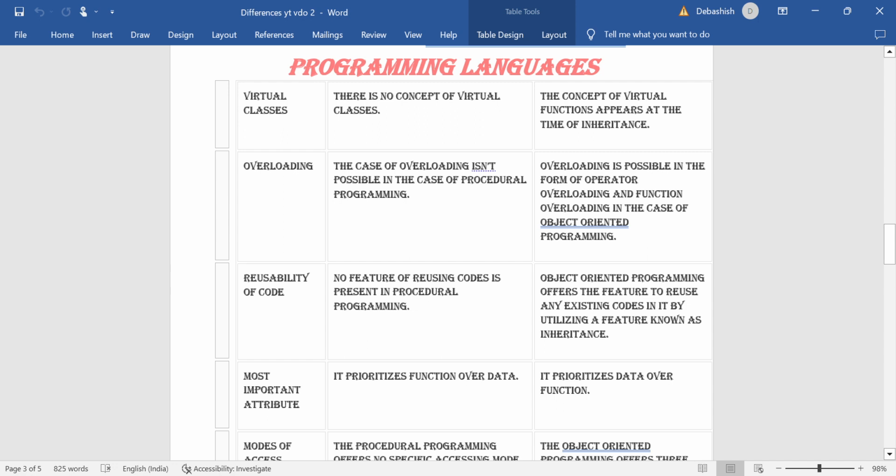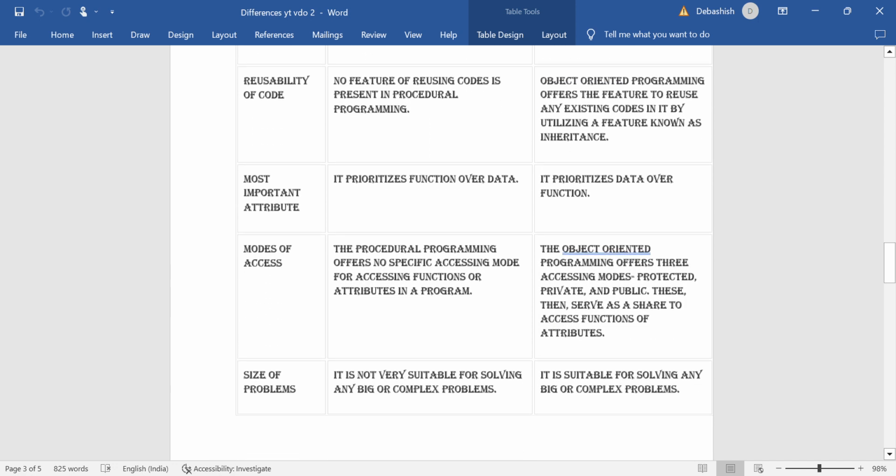The case of overloading isn't possible in procedural programming, while overloading is possible in object-oriented programming. The reusability of code. No feature of reusing code is present in procedural programming, while object-oriented programming offers the feature to reuse any existing code by utilizing a feature known as inheritance.